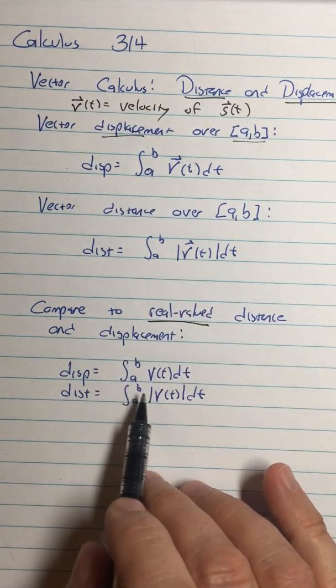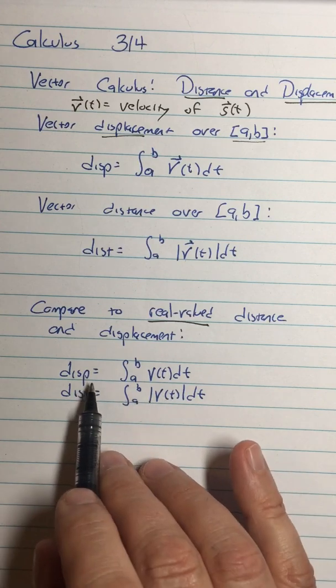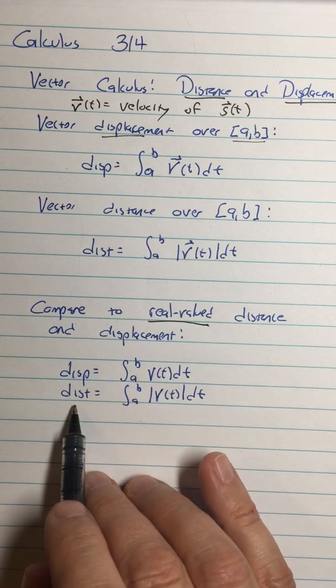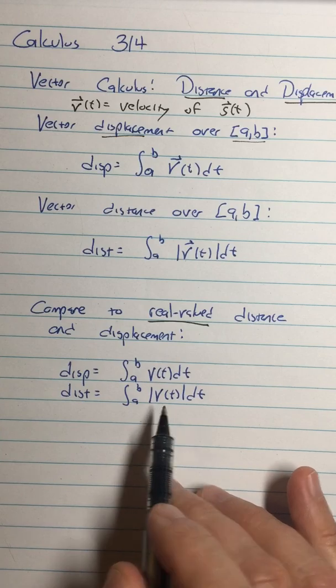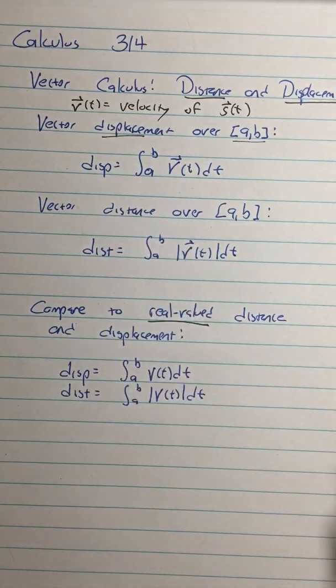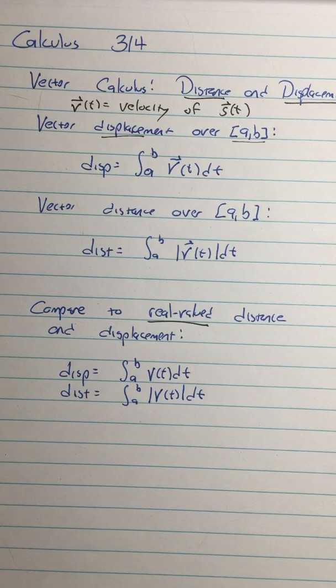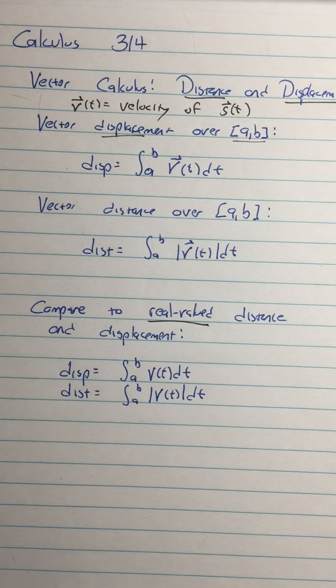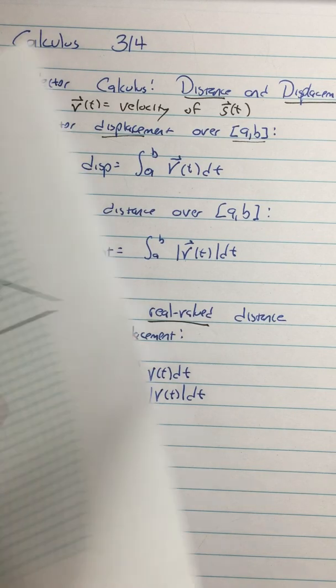Yeah, so it's similar to what we did with real valued functions, where the displacement was the integral of the velocity and distance was the integral of speed. It's the exact same thing, except now they're vectors instead of real valued functions.